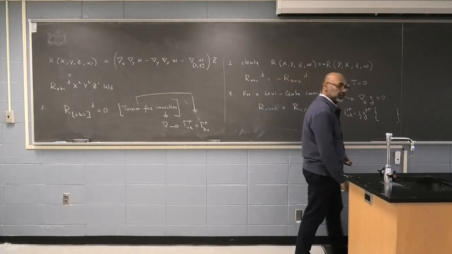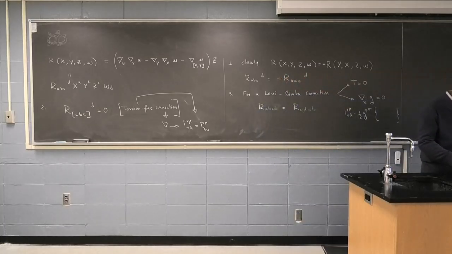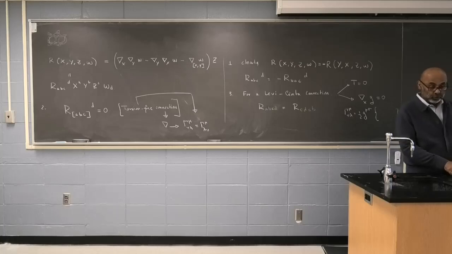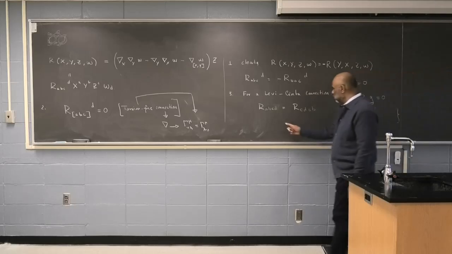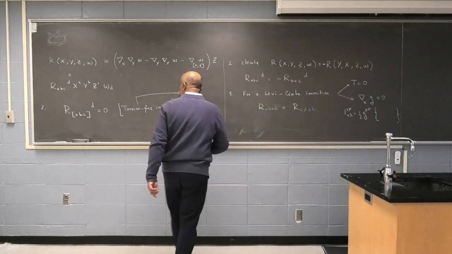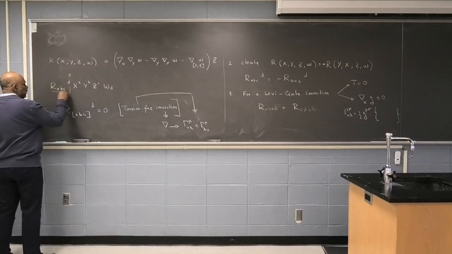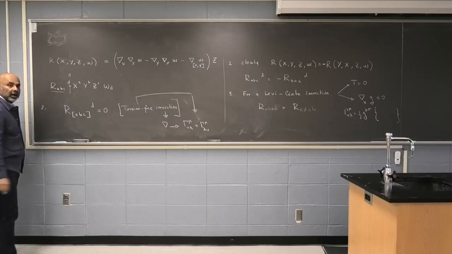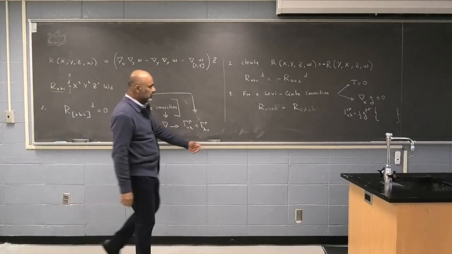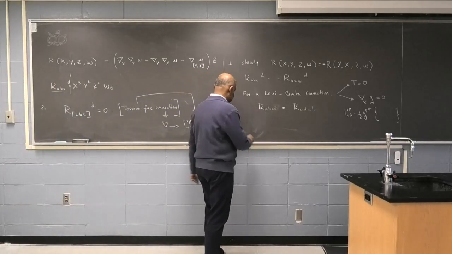I have swapped the two pairs. Now look at this. This one has 3 indices down and 1 index up. So when I write it like this, what do I mean?